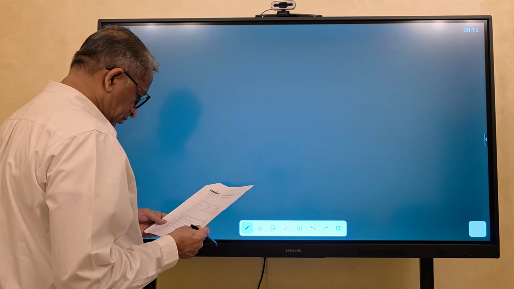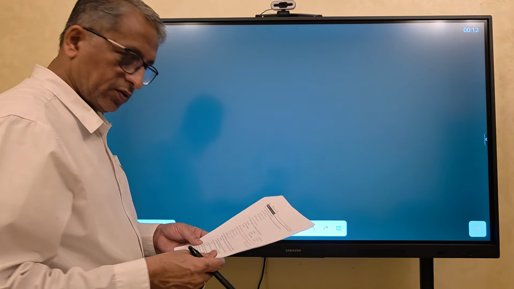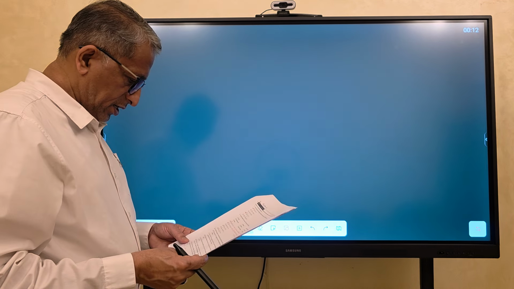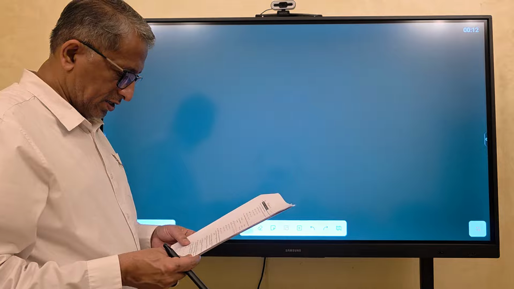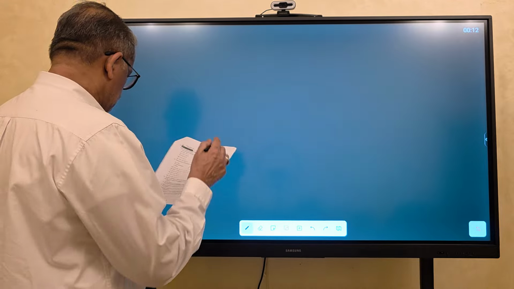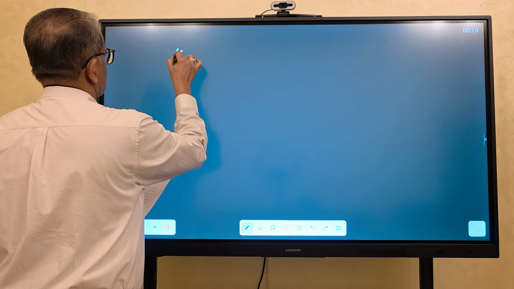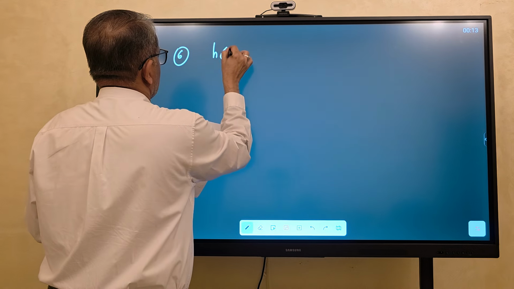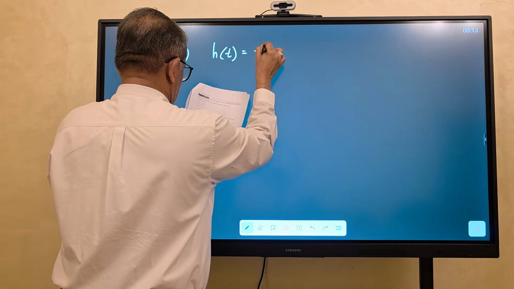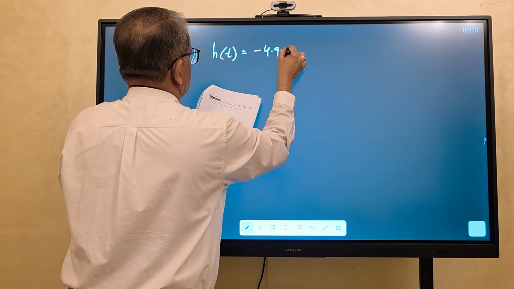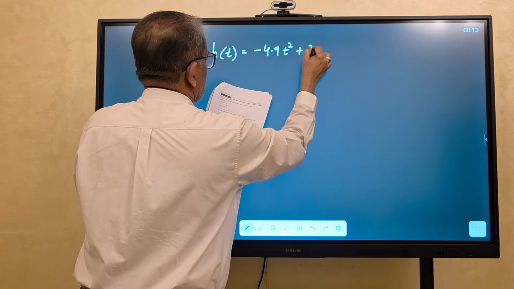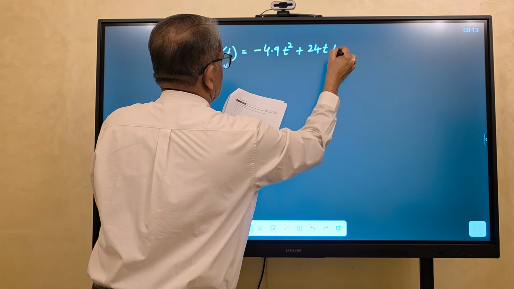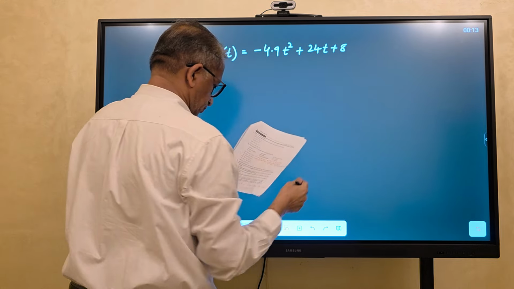Coming to the next one, so 2, 3, 4, the same way. Number 5, 6 are same. I will do number 6. What is given to you? h of t is equal to minus 4.9 t square plus 24t plus 8.